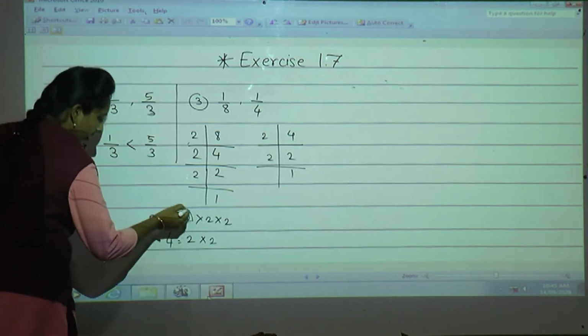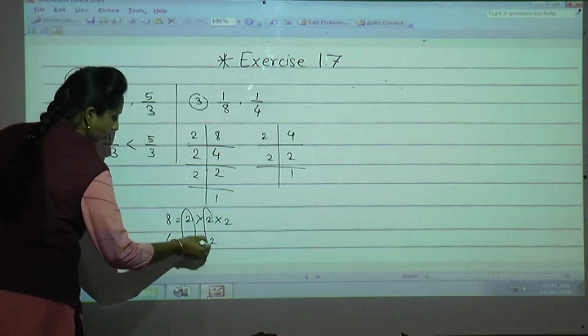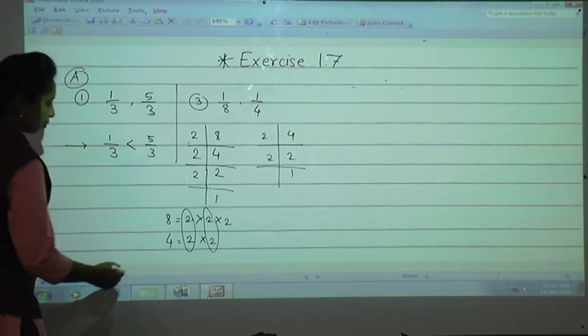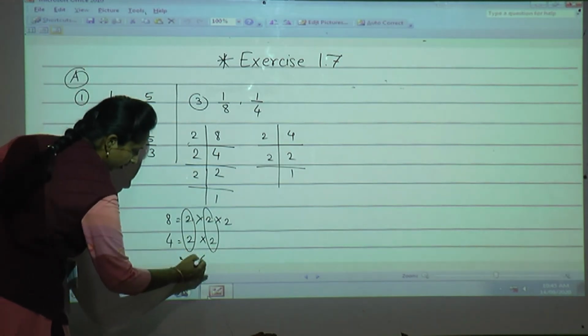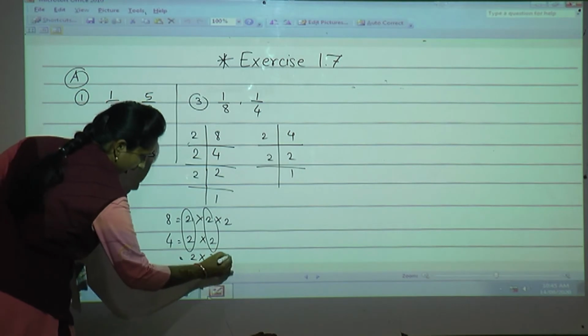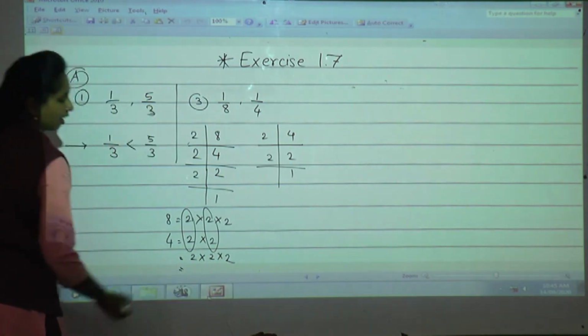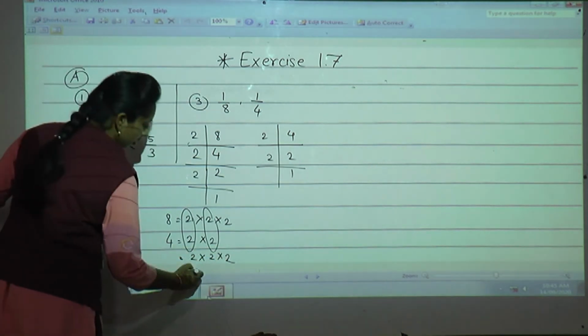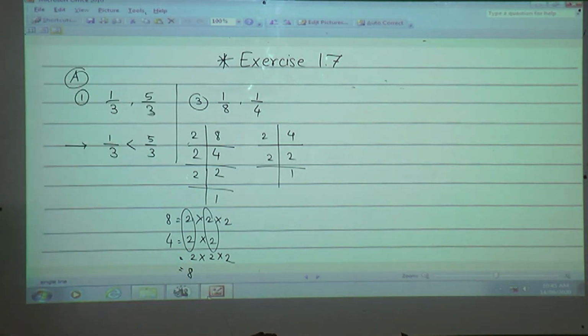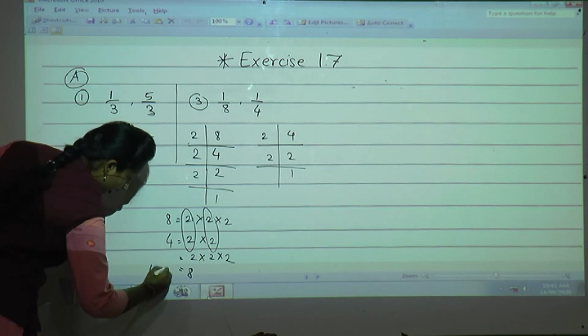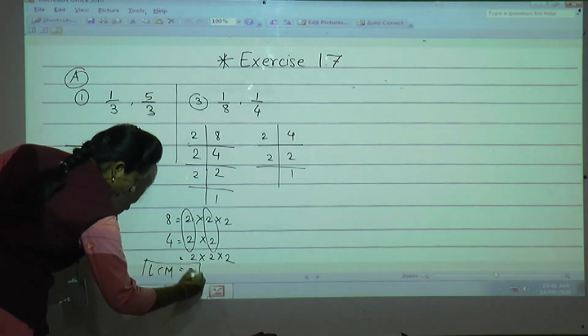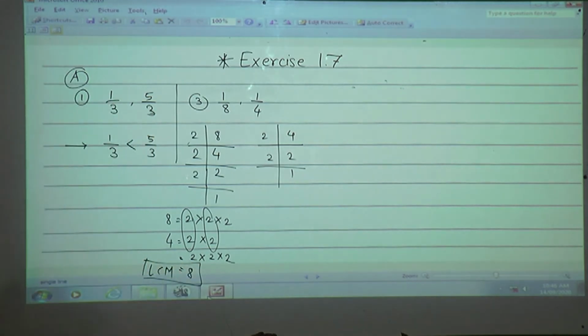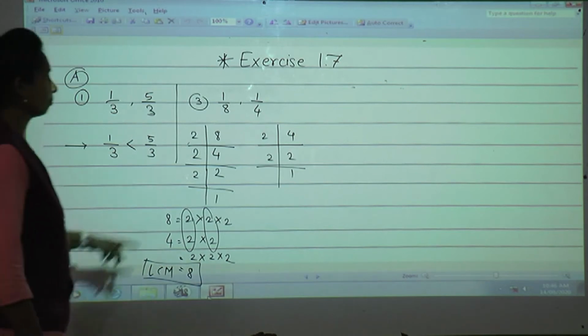Now we will not take the common ones twice, we have to take them only once. So what are the numbers? 2 one time, 2 one time and 2. Now tell me, 2 2s are 4, 4 2s are 8. Isn't it? Correct? So what is the LCM? The LCM is 8. Now we will solve the example.